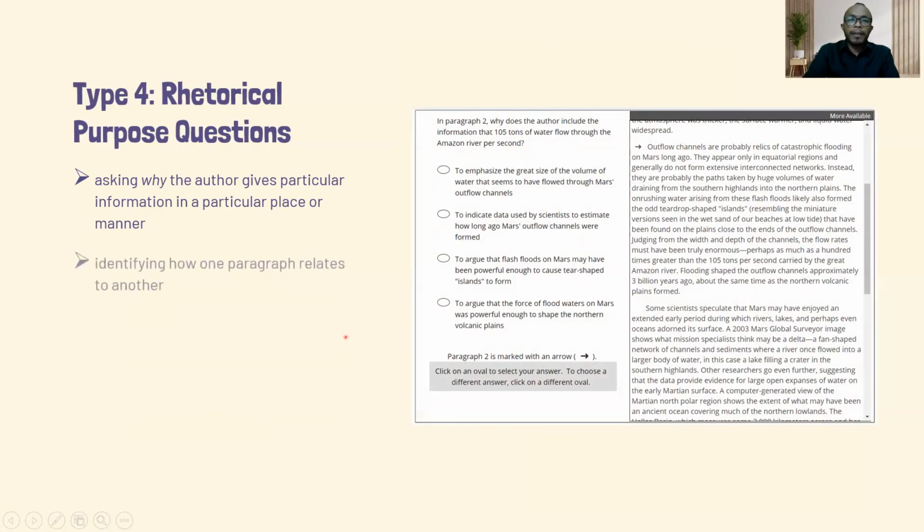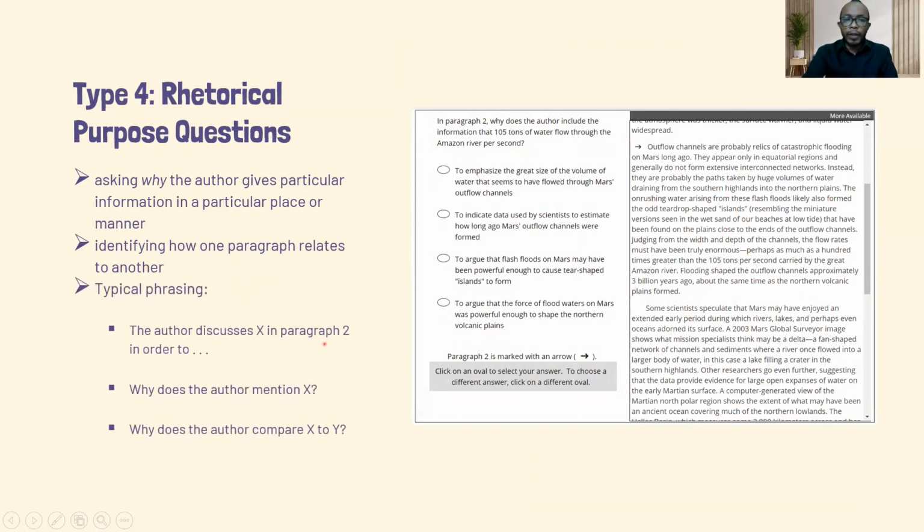All right, and it can also sometimes ask you to identify how one paragraph connects to the following or previous paragraphs or several other paragraphs.